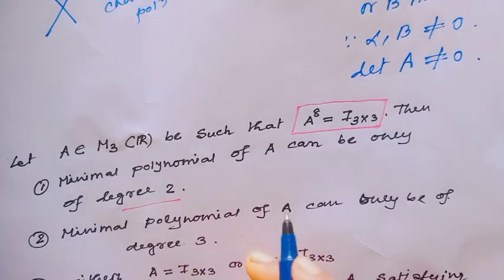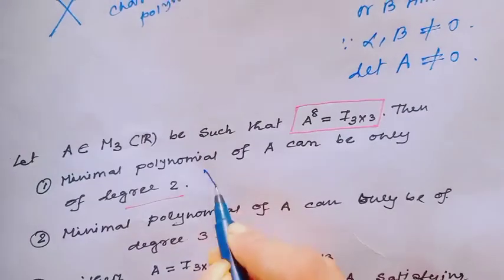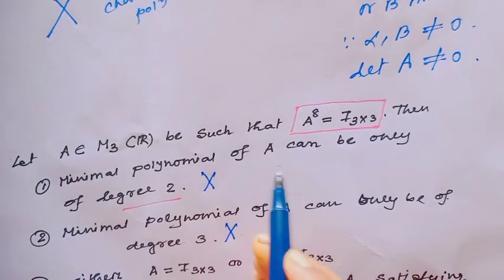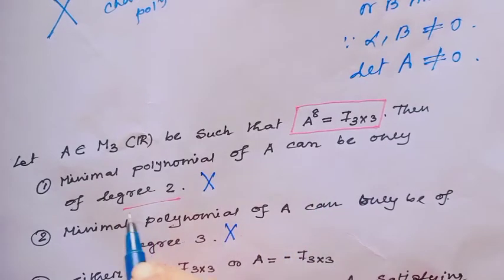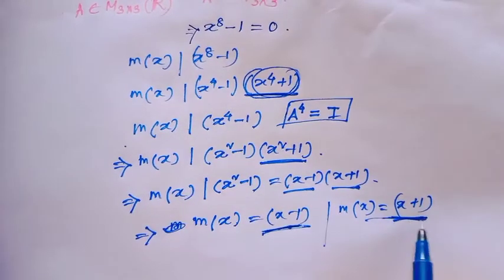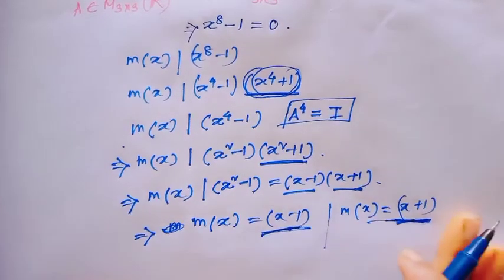option 1 and option 2 are wrong options, because they indicate the minimal polynomial of A can be only of degree 2, but if we consider this possibility, here the minimal polynomial has degree 1.